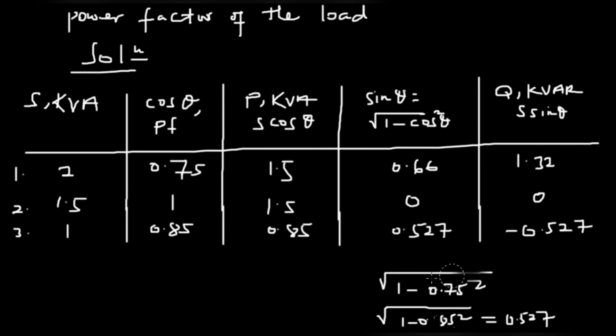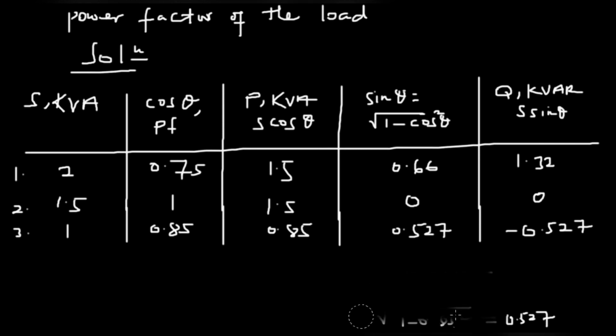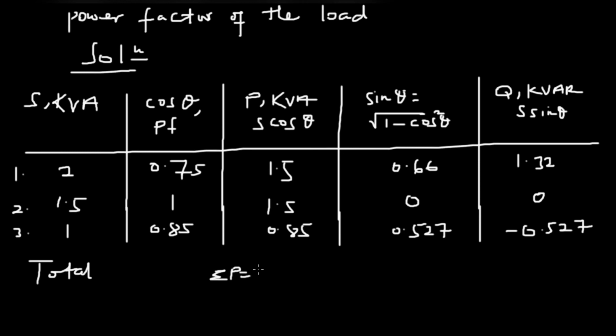Right, so now let's find out the total values. For the total of P, when you compute all of it, you end up with 3.85.